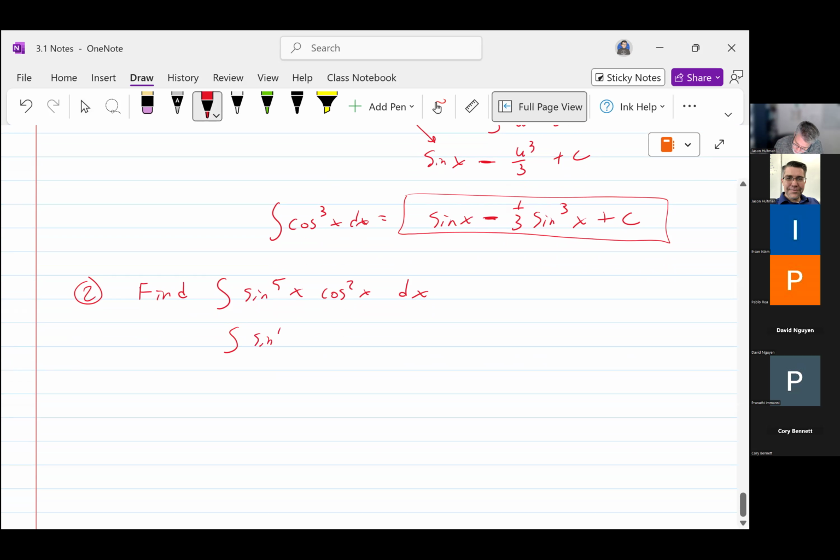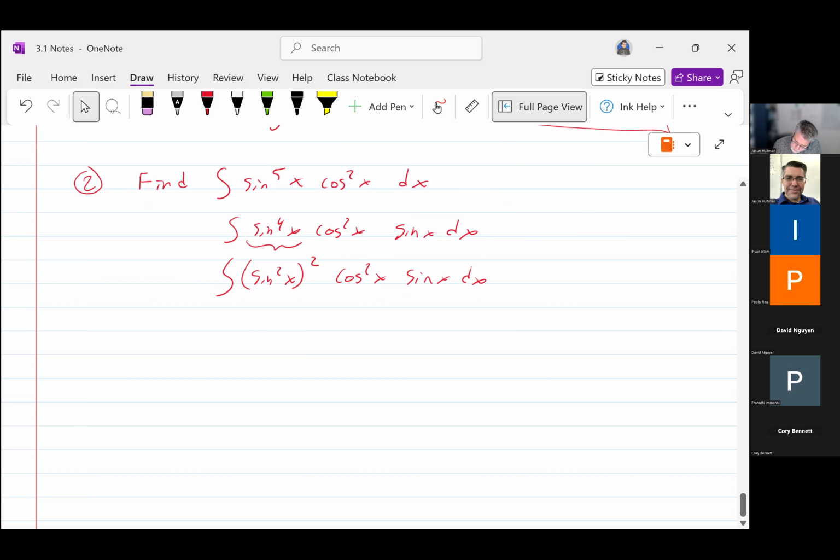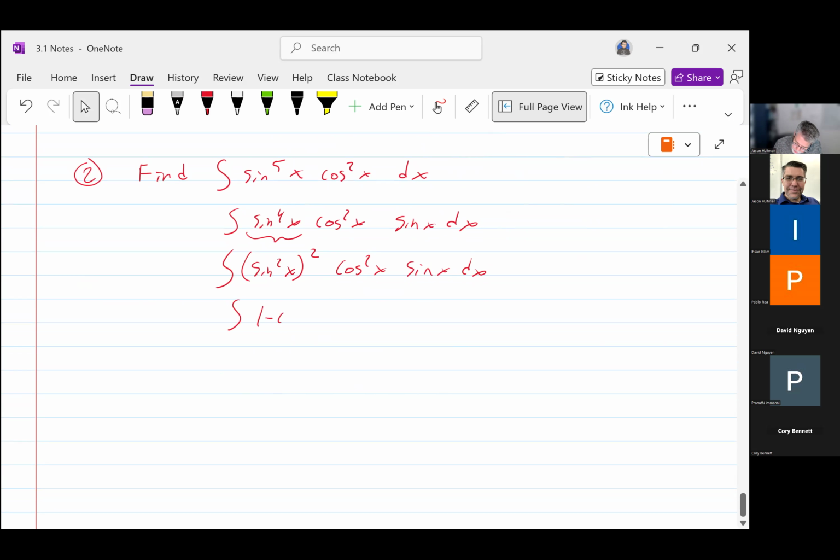So this is sine to the 4th x times cosine squared x times sine x dx. And I'm going to change my remaining sines to cosines. This is sine squared x squared times cosine squared x times sine x dx. This becomes 1 minus cosine squared x squared times cosine squared x times sine x dx.